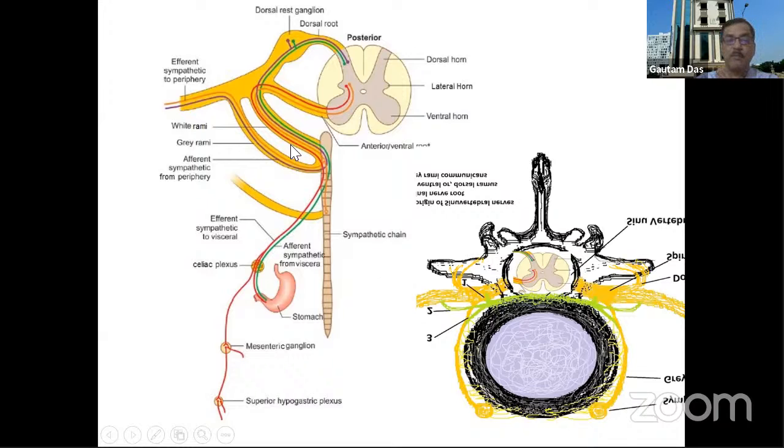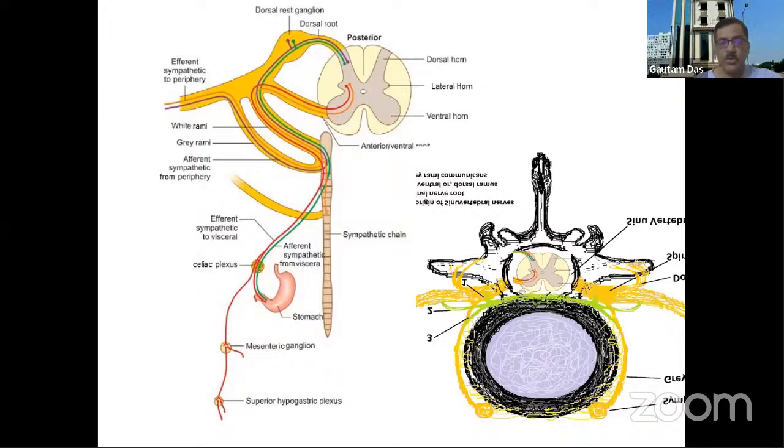But if you look at the minor detail, this looks white because they are thinly myelinated, and this looks gray because they are non-myelinated. This is the second order neuron, which then goes to the periphery. So each nerve root has sympathetic fibers either coming from the same level, or from above or below. We'll discuss the sympathetic fibers in further detail when we talk about visceral pain.